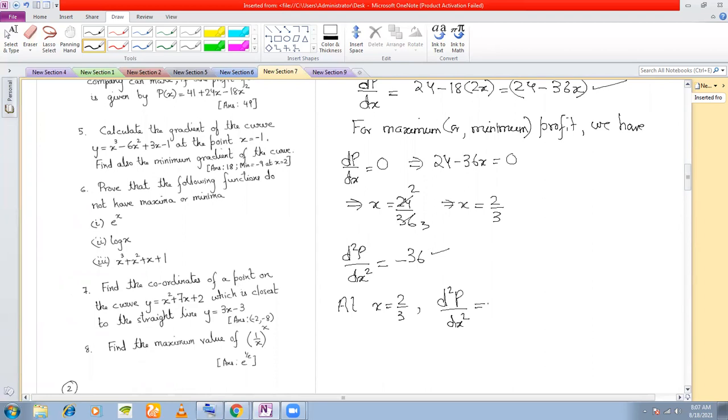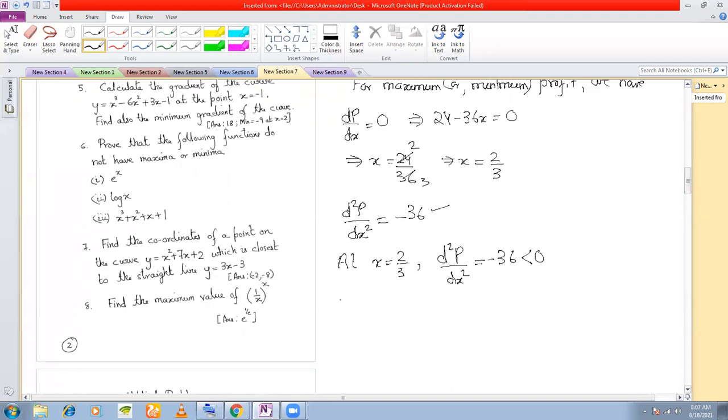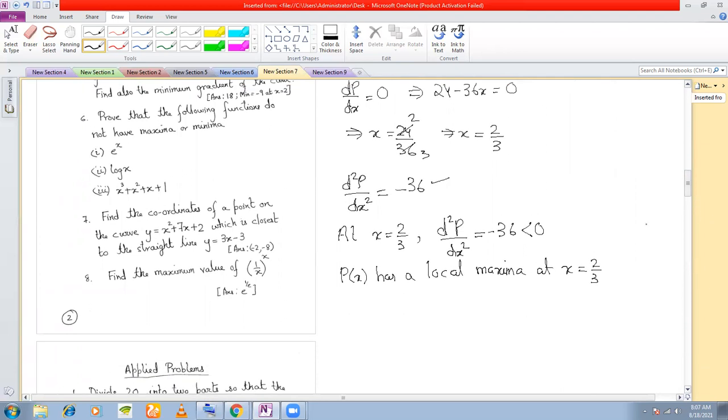So whatever be the value of x, it will remain -36. So it is less than 0. That means P(x) has a local maxima at x equal to 2/3. So when x is equal to 2/3, the profit is maximum.